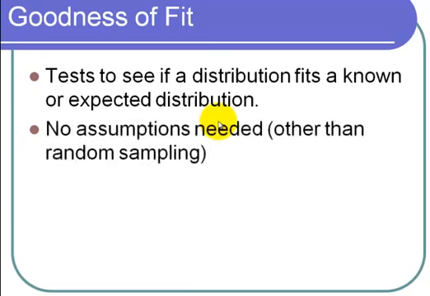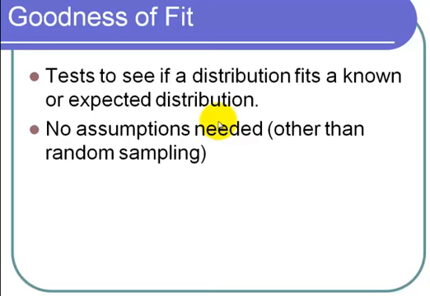So one of the nice things about the goodness of fit test is we don't have any assumptions that are needed. Of course, you've got to have random sampling. Nothing ever happens in statistics if you have biased sampling. That's never okay. But given that we have random sampling, you do want the sample size to be reasonable. Typically, you want to make sure that all of the expected counts are at least bigger than 5 is a good idea.